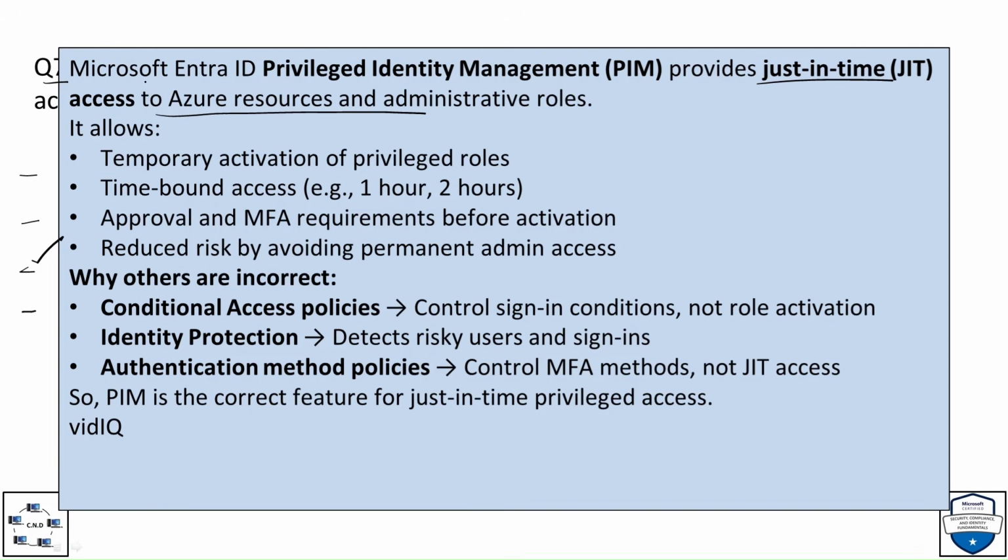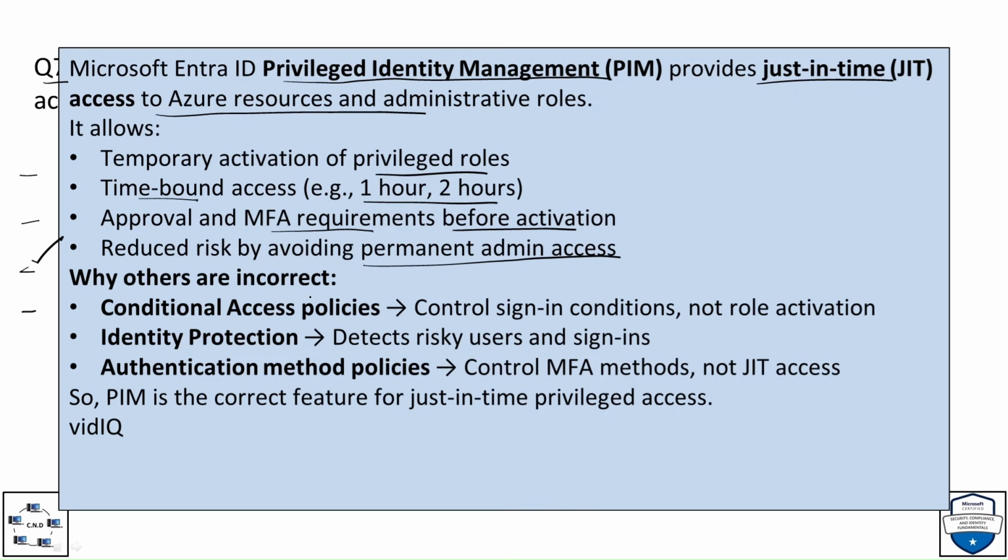The explanation is, Microsoft Entra ID Privileged Identity Management, PIM, provides just-in-time access to Azure resources and administrative roles. It allows temporary activation of privileged roles, time-bound access, for example 1 or 2 hours, approval and MFA requirements before activation, and reduces risk by avoiding permanent admin access.